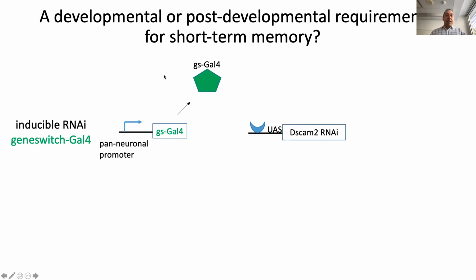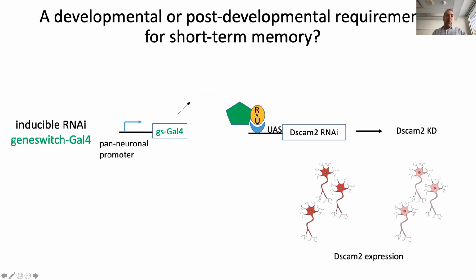There's a conditional GAL4 system called gene switch GAL4, where the GAL4 won't bind to its UAS element except in the presence of this drug. It's RU486. And so in the presence of RU486, you'll get expression of what's downstream of the UAS. And in this case, it's an RNAi against DSCAM2, so that we can knock DSCAM2 down in a conditional manner.